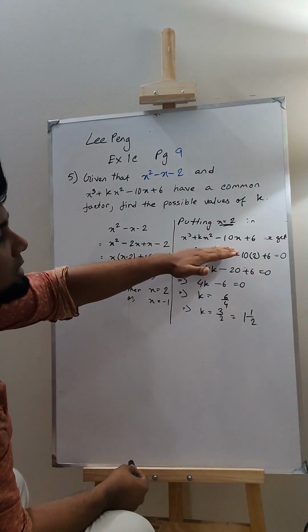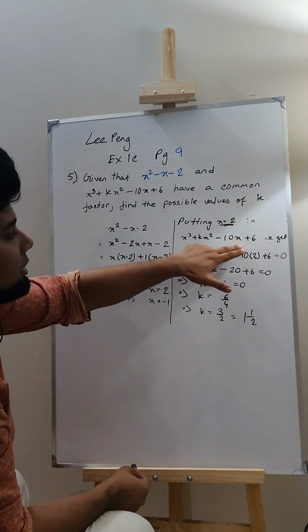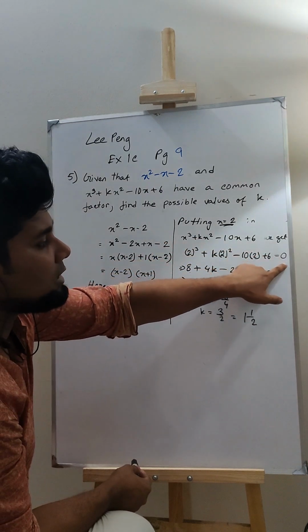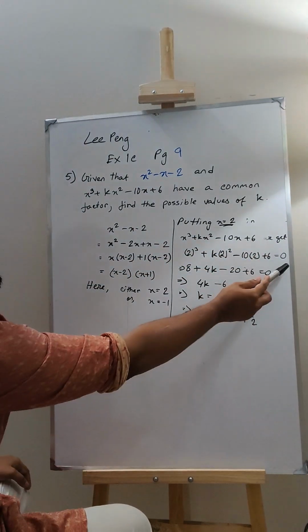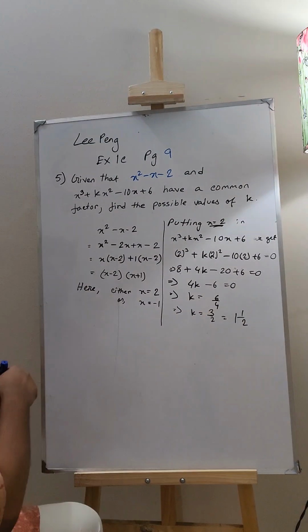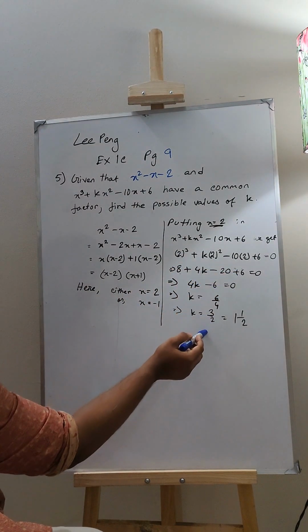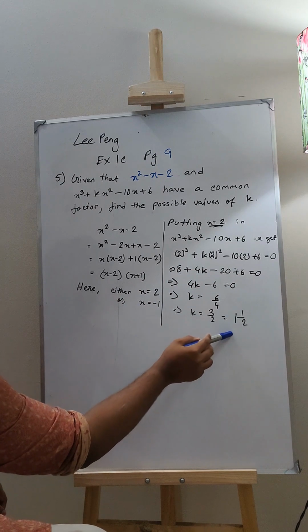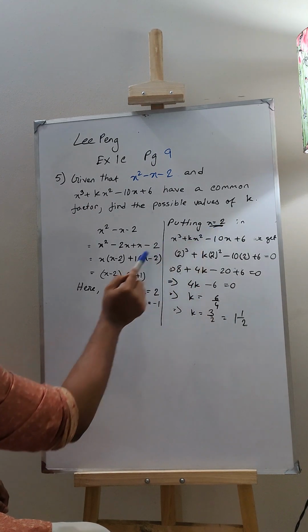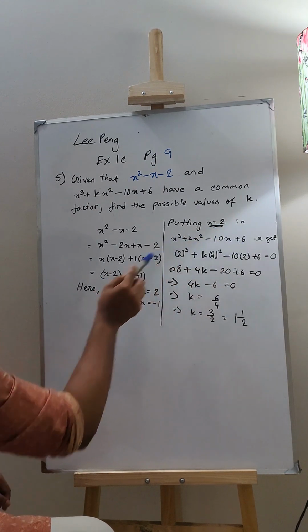And since we are considering this as a factor of this expression, we are putting it equal to 0. So now we have got this value of k, putting x equal to 2, or x minus 2 as a factor of this big expression.